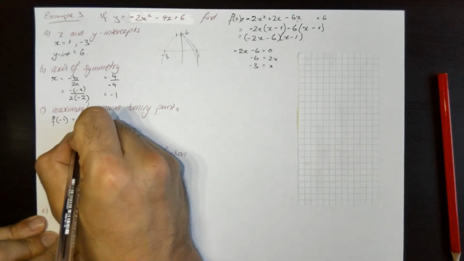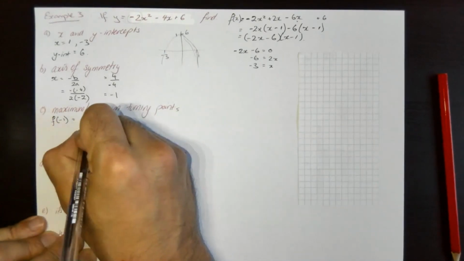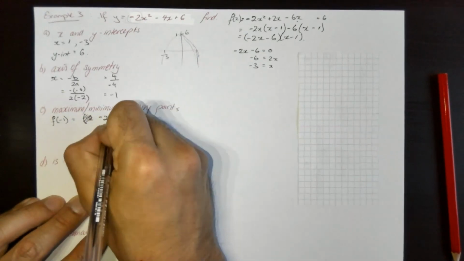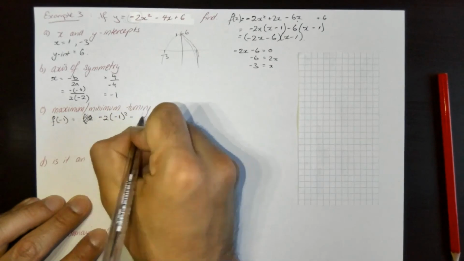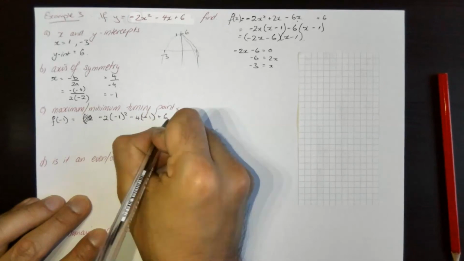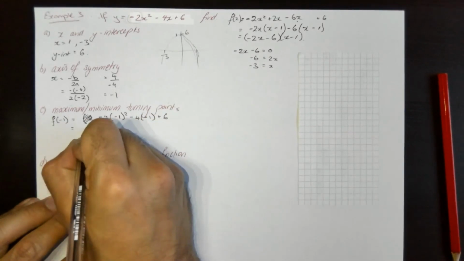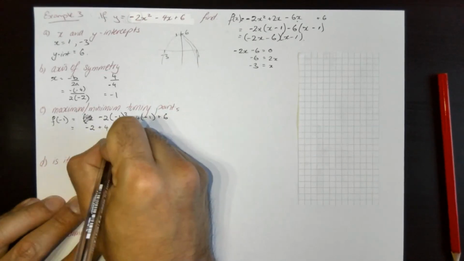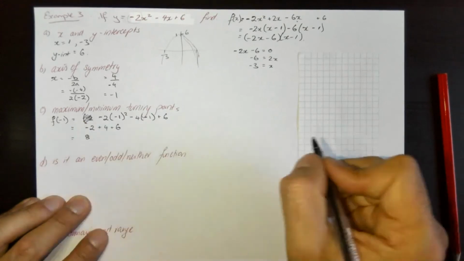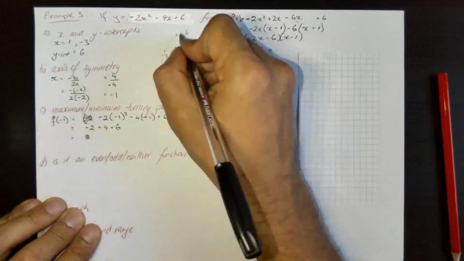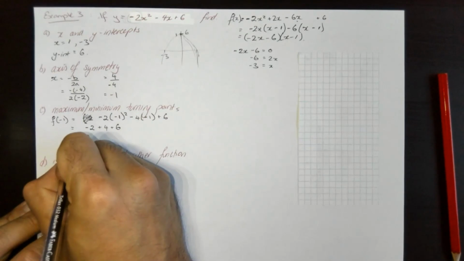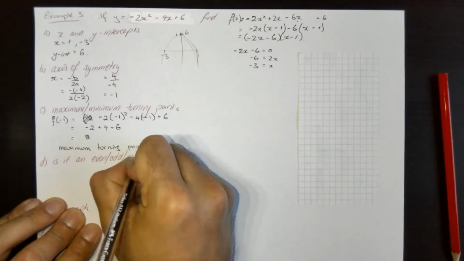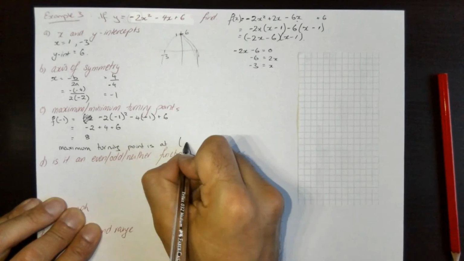So we've got negative 2, negative 1 squared minus 4 lots of negative 1 plus 6. Negative 2 times 1 plus 4 plus 6. So 10 minus 2 is 8. Okay, and this is obviously going to be a maximum. So the maximum turning point is at negative 1 and 8.